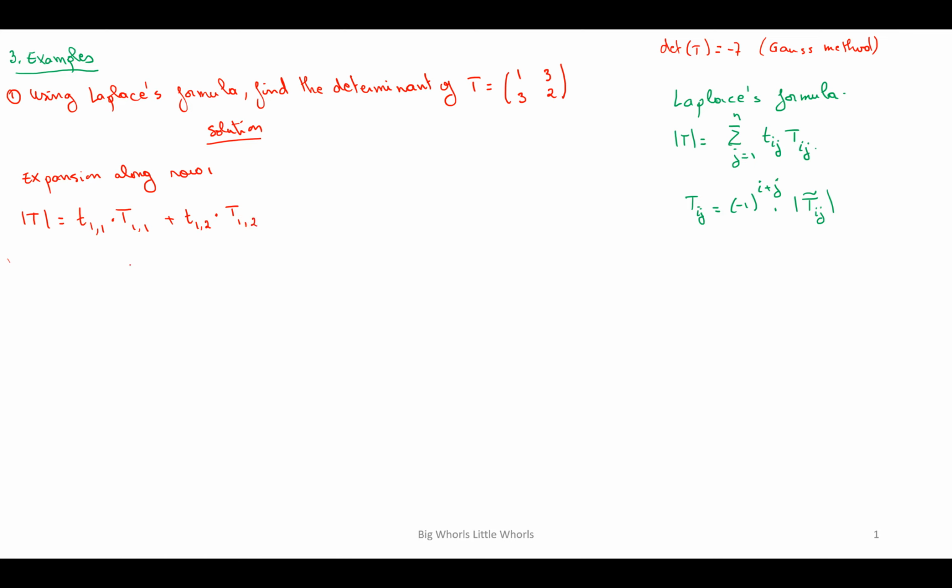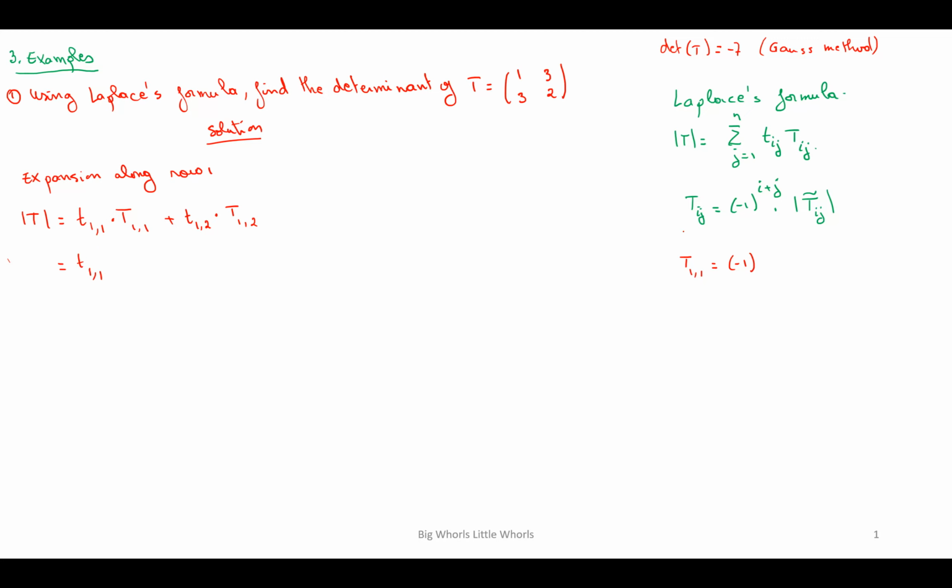Now let's find these. We have T11, which is the entry. The small t's are the entries. So along row 1, T11 is equal to 1, multiplied by the cofactor 11.